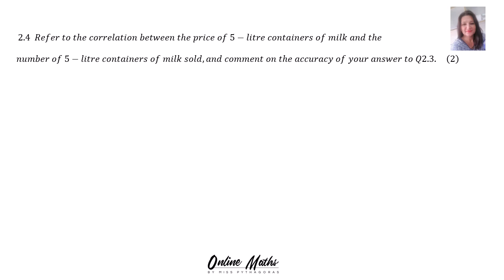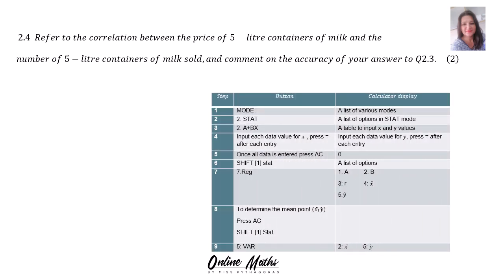2.4: Refer to the correlation between the price of 5-litre containers of milk and the number of 5-litre containers of milk sold, and comment on the accuracy of your answer to question 2.3. First of all, we're going to work out R, the correlation coefficient. What is that?